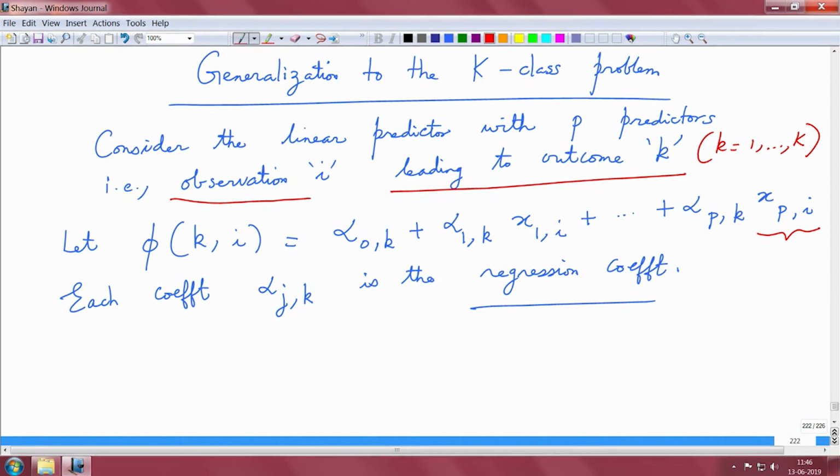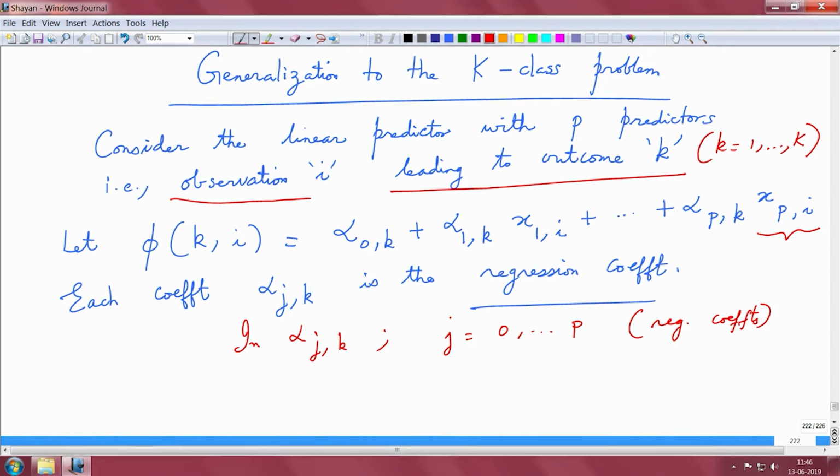and the unknowns, which are these alpha j comma k, where j can go from 0 to p, they are basically our regression coefficients, which is what I mentioned here, and k indicates the outcome.